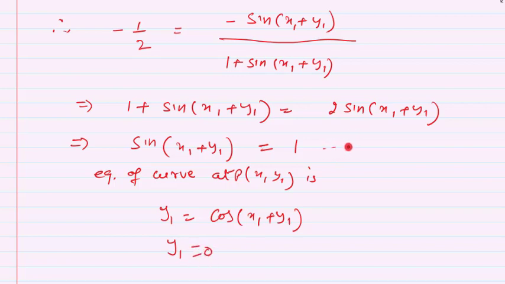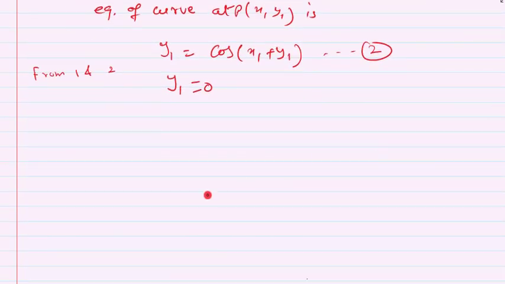Let us number these as 1 and 2. So from 1 and 2, we have y1 = 0. Now let us calculate the value of x1.